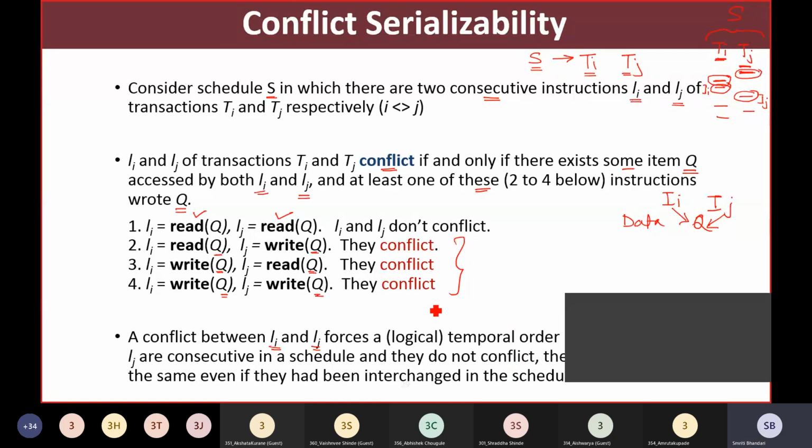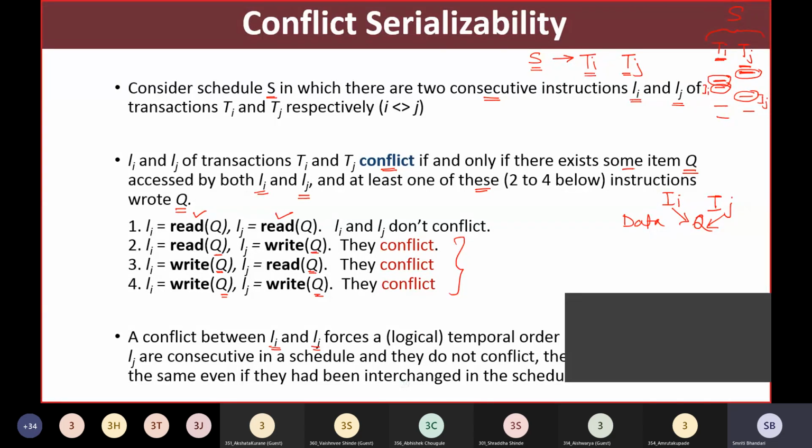Now what next? It is very important. A conflict between II and IJ forces a logical temporal order between them. So if there is a conflict, then the logical order needs to be maintained as it is.